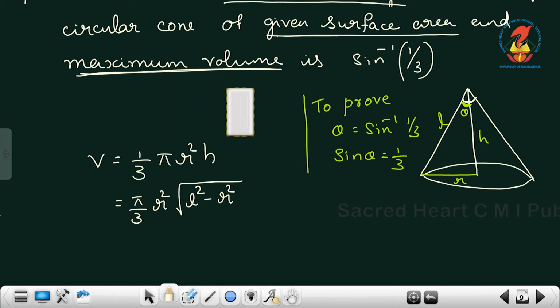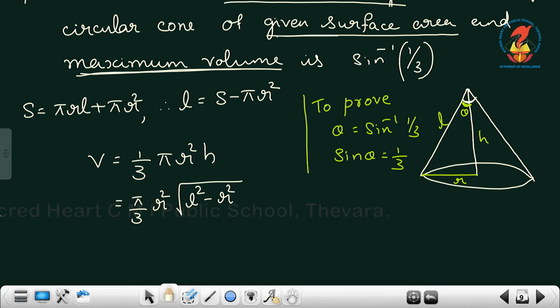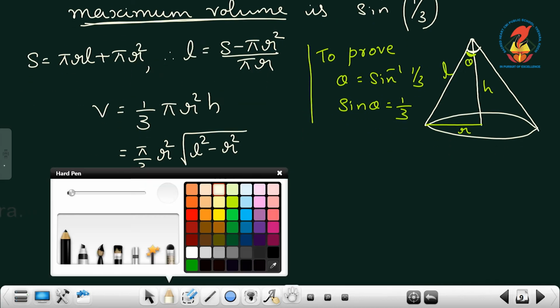Let's write it. S is equal to pi r L plus pi r square. Therefore, L is equal to S minus pi r square by pi r. That you have to substitute. So the only variable will be r. But it is a root, again it's a problem. So we can square both sides.